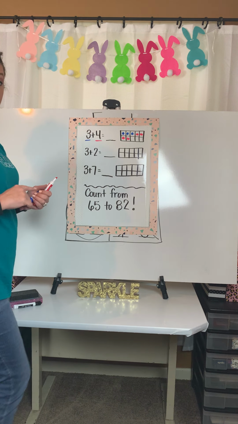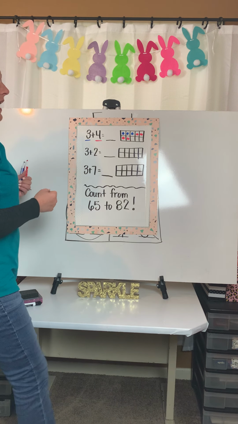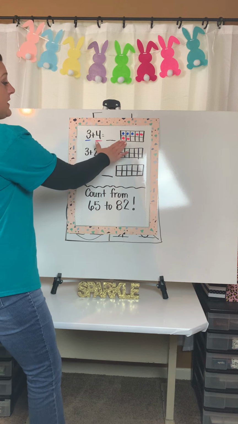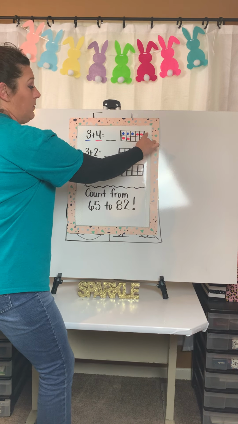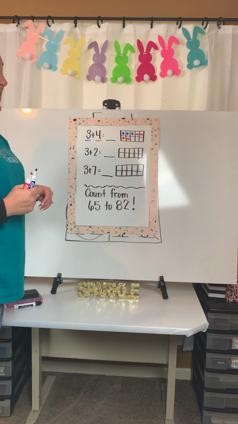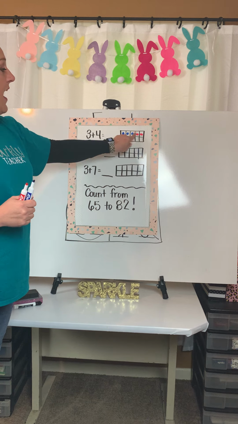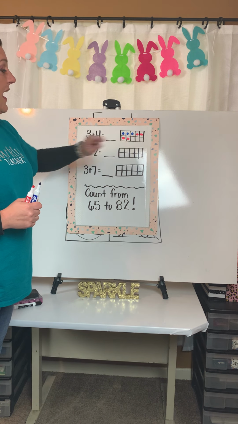Now we're going to add those 2 numbers together to see how much we have. Now I know that in a 10 frame, there are 5 on the top row and 5 on the bottom row. So I can say I have 5 up here, 6, 7.